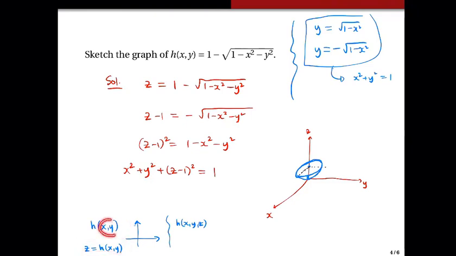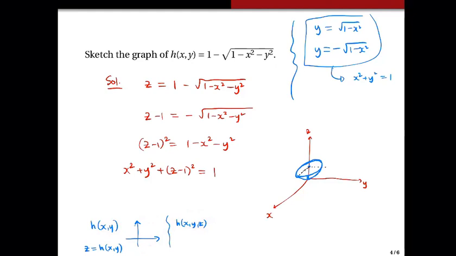The domain, take note, you only want the possible values of x and y, so you just have the two variables, so you only have the two-dimensional. For a function with three variables, for the domain, you have those three variables x, y, z.